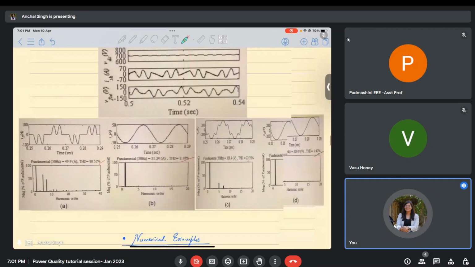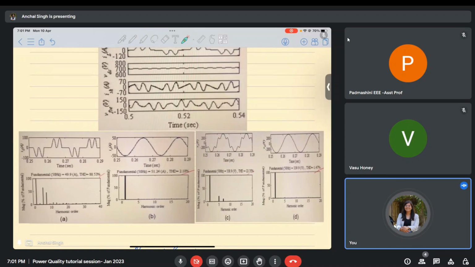The load current THD was 80%, yet the source current THD is beautifully reduced to only 2%, which is very good. And if we hadn't put this in, the source current THD would have been 80%, which is very bad.